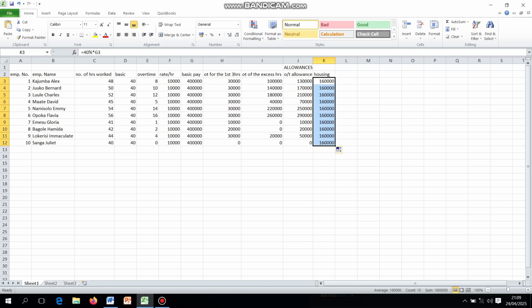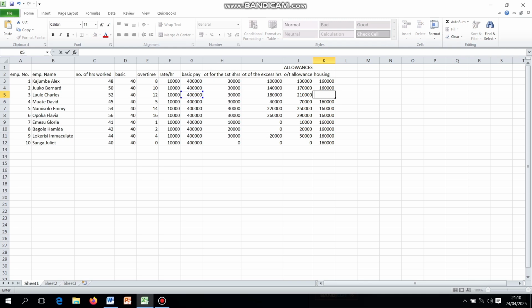But we were told that 3 employees, because these ones all were not staying in the university houses. So we were told employee number 3, that is this one, Lule, is employee number 3. So that one we shall remove him.